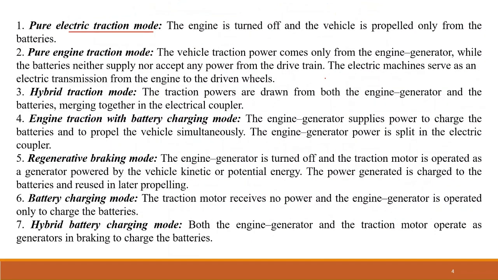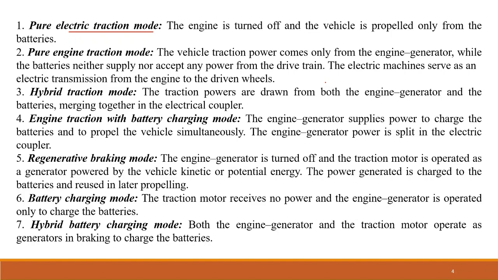Now, the fifth mode is the regenerative braking mode. The engine generator set is now turned off and the traction motor is operated as a generator powered by the vehicle's kinetic energy or potential energy. And the power that this motor, now acting as a generator, develops is used to charge the batteries, and the batteries can later use this power to propel the vehicle.